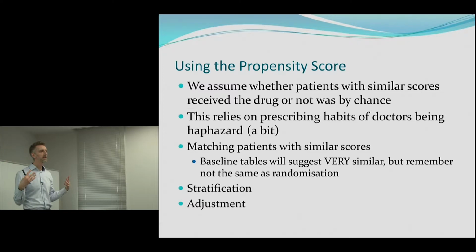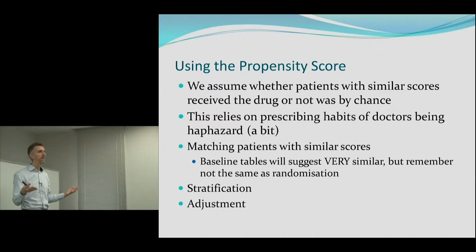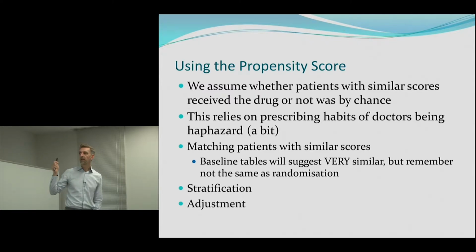So the age, the sex, the distribution of heart disease, diabetes is going to look very, very similar between the exposed and the unexposed. It means I could then run a very simple Cox model or Poisson regression where I don't need to adjust for anything, because I've got these two populations where their distribution of risk factors is the same. Known risk factors is very important to say. So that's one thing I could do.